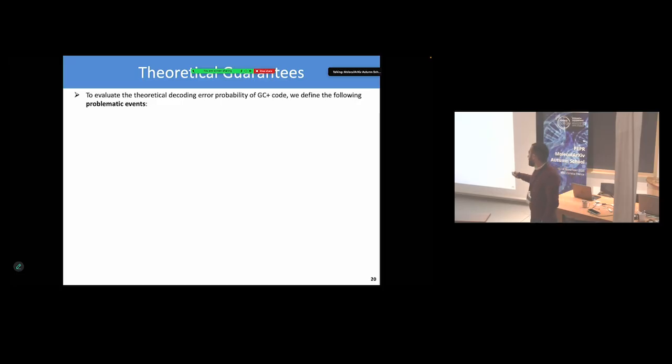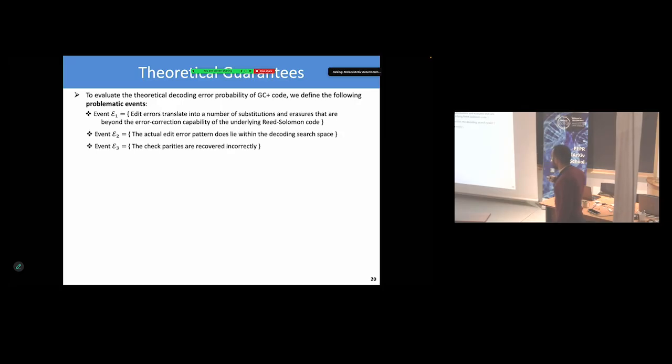So there's also work into evaluating the theoretical decoding error probability of this code. For that, the high-level idea is to define 3 problematic events that, if they occur, can be bad for us. The first event is that the edit errors translate into more erasures and substitutions than the underlying Reed-Solomon code can handle.